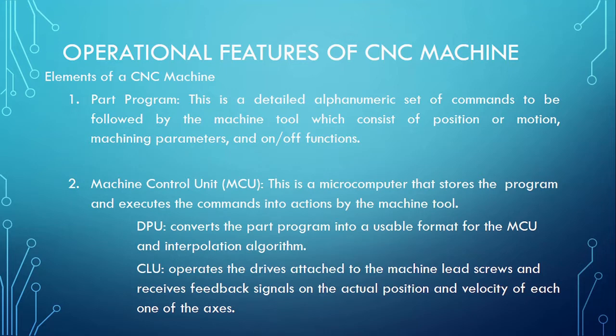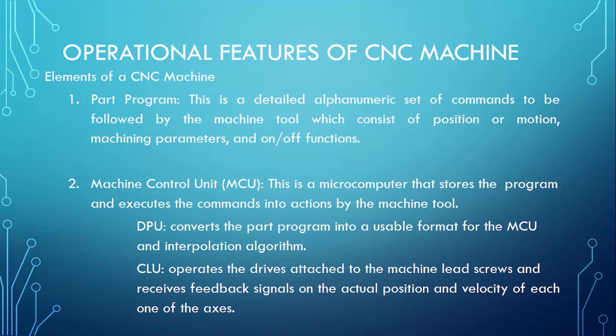The DPU converts the part program into a usable format for the MCU, and the interpolation algorithm. Now, what the DPU does is to convert the part program that the user or the operator, in this case of the machine tool, has already written.